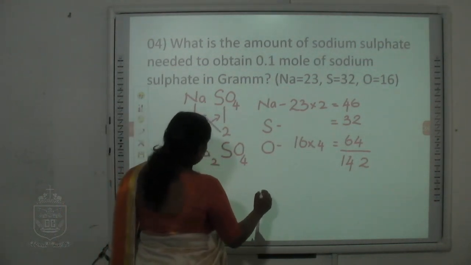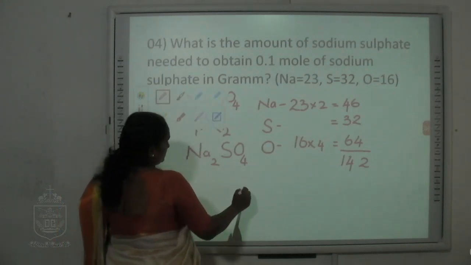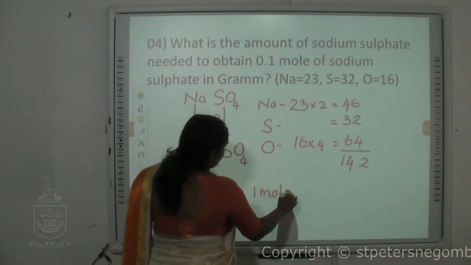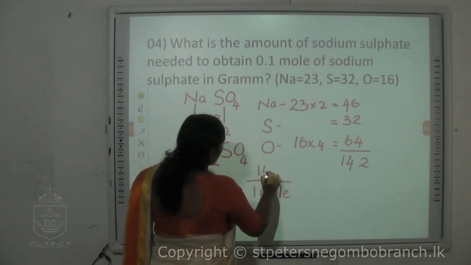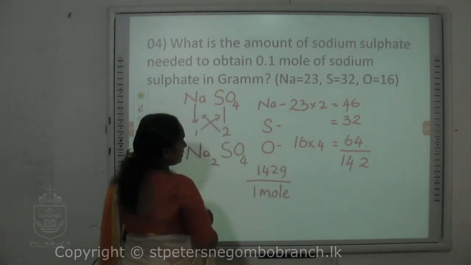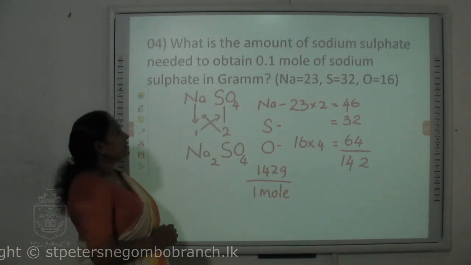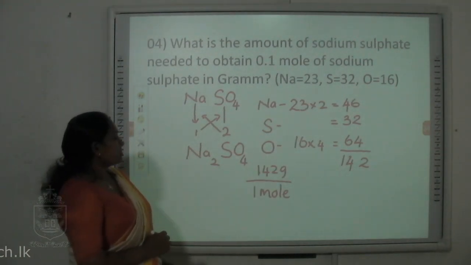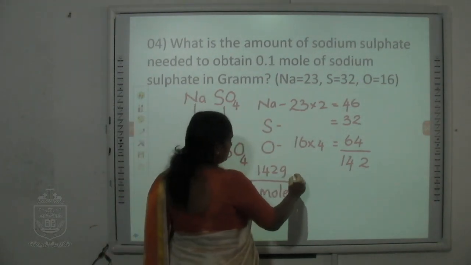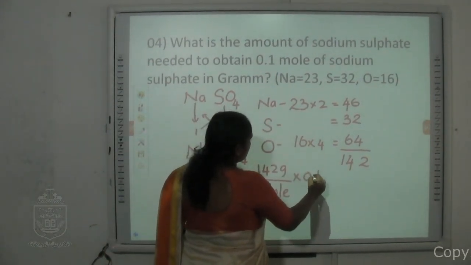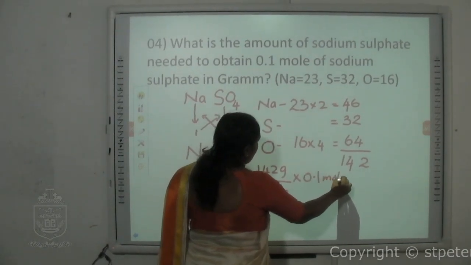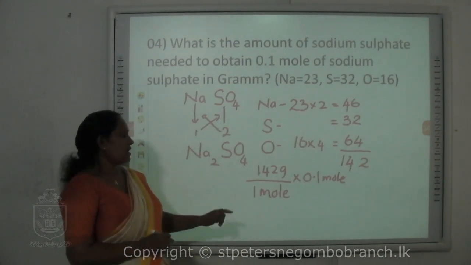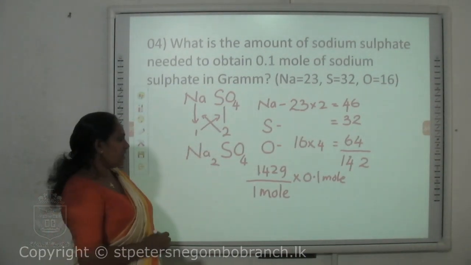In 1 mole, 142 grams. Then in 0.1 mole, you have to find out the grams. In 1 mole, 142 grams are there, then to obtain 0.1 mole.